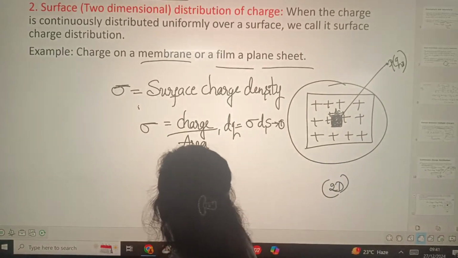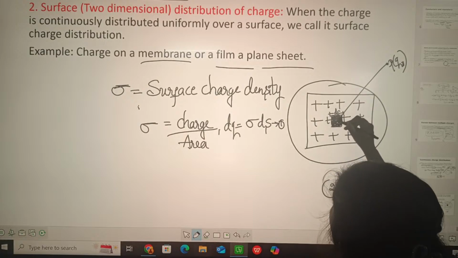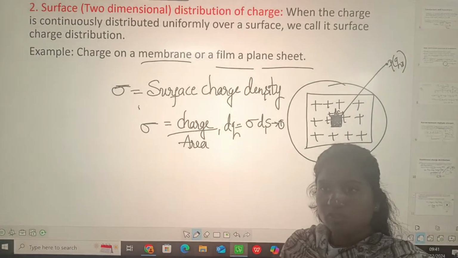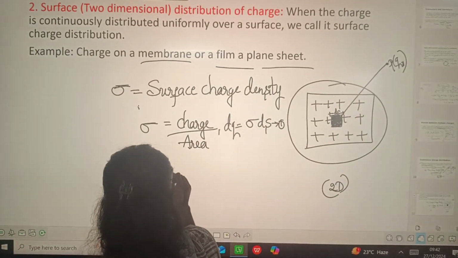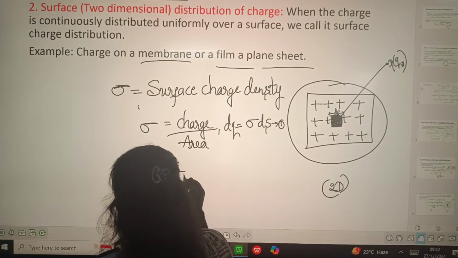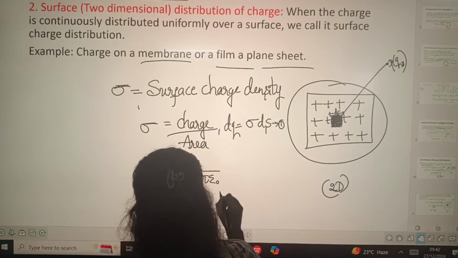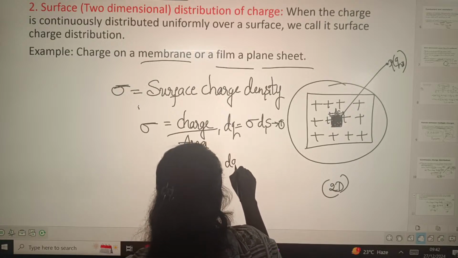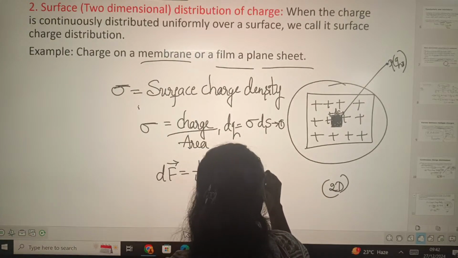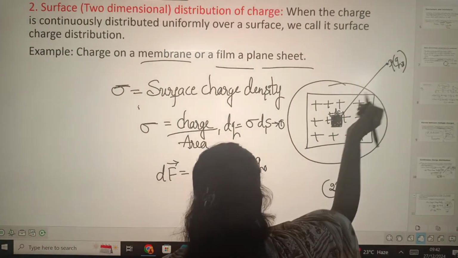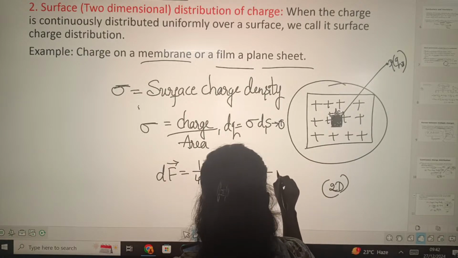Now the force acting on the small surface area is denoted as dF bar. dF bar is equal to 1 by 4 pi epsilon naught, the charge on the small surface dq, into the charge q naught which is placed at a point P, divided by r square, in the vector form r cap.